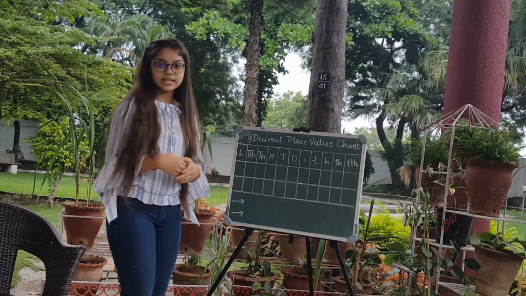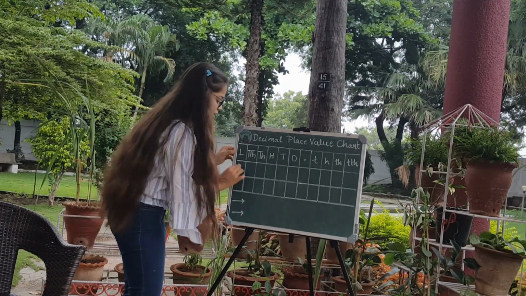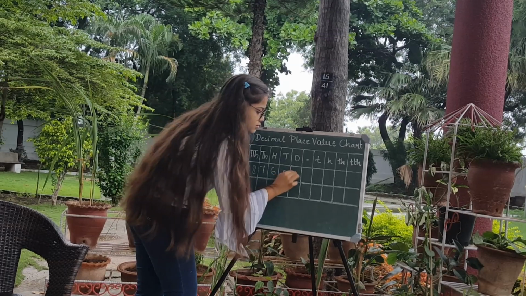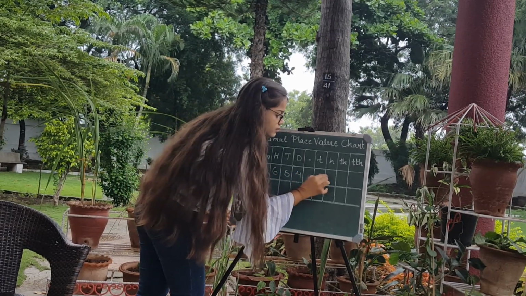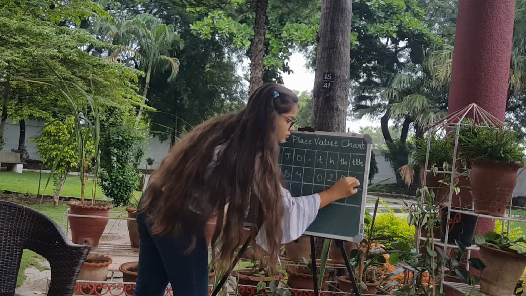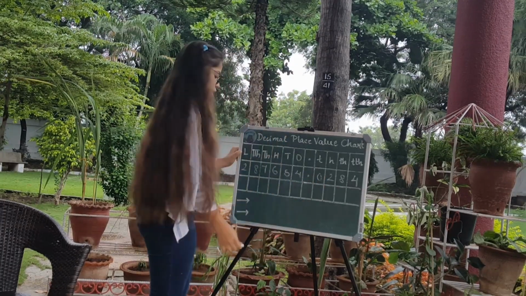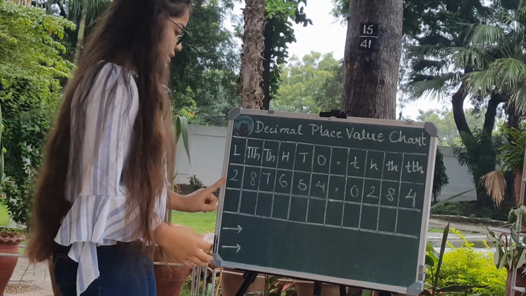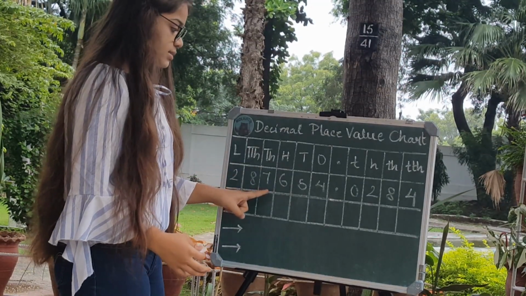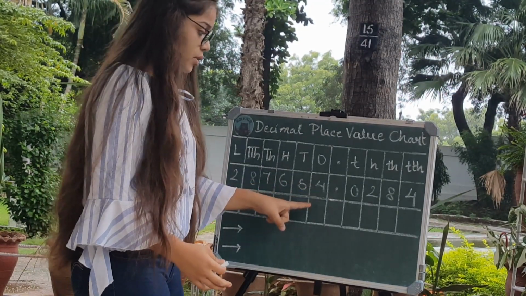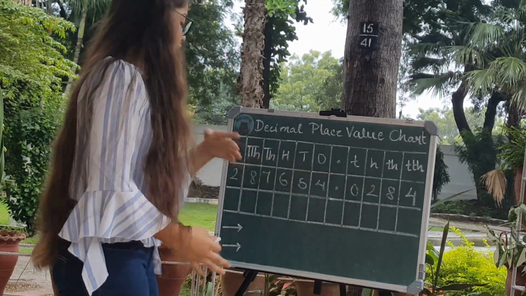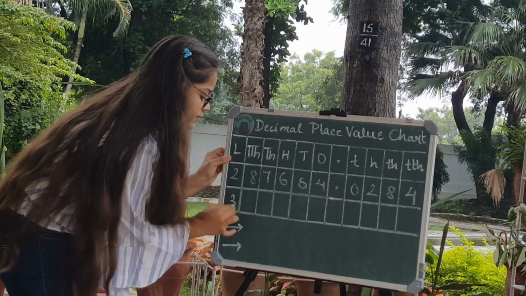Now, let me tell you some examples. This number will be read as 2,87,654.0284.